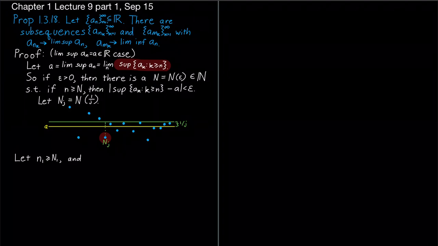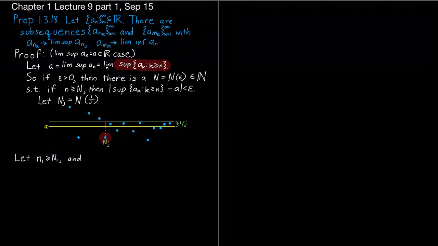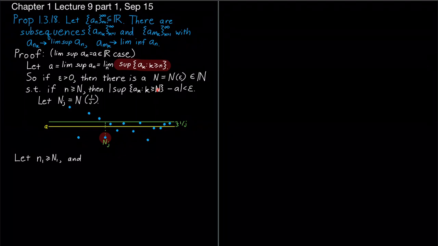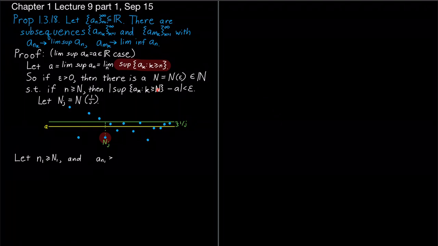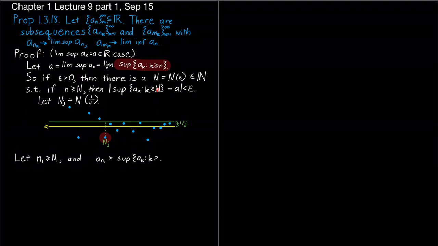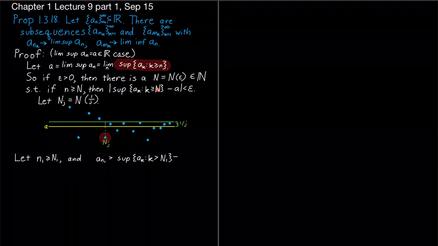And so it is one of the k's in that supremum, a_k for k greater than or equal to N. Sorry, this n here needs to be a capital N. And so the other thing we want our n_1 to do is that we want a_{n_1} to be, we can't insist that it actually equal the supremum of the a_k such that k is greater than or equal to N_1, but we can insist a_{n_1} has to be arbitrarily close to it.